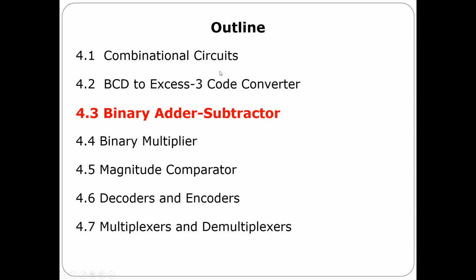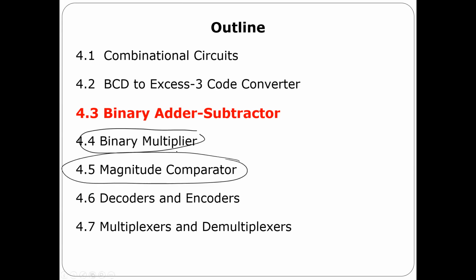Usually, combinational circuits are much easier to design than sequential circuits. I already explained the adder, subtractor, and BCD to excess-3 code converter. And today I left this part: how can you do a multiplier and magnitude comparator?